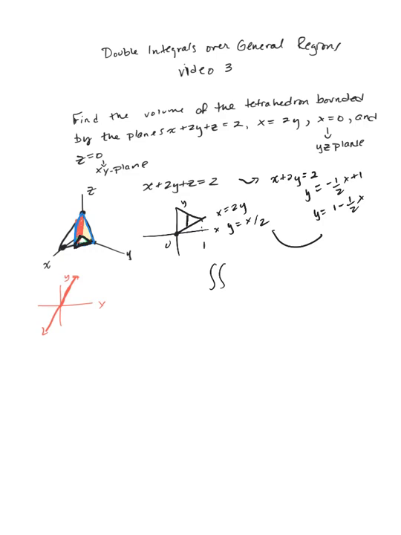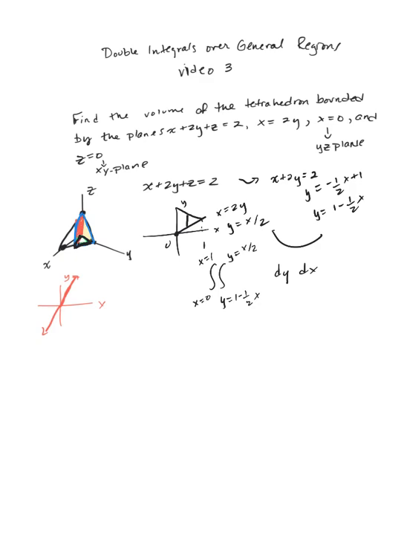So this is type 1. First we're going to integrate with respect to y, then with respect to x. Now for the y, the upper curve is x over 2. The lower curve is 1 minus half x. Then you have your x, you need your right, you need your left.